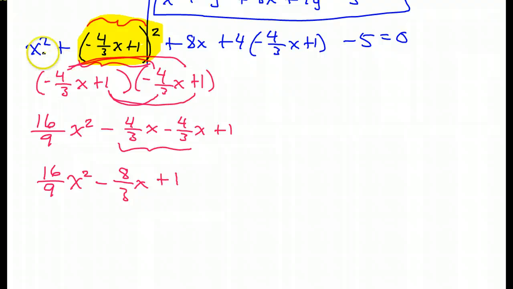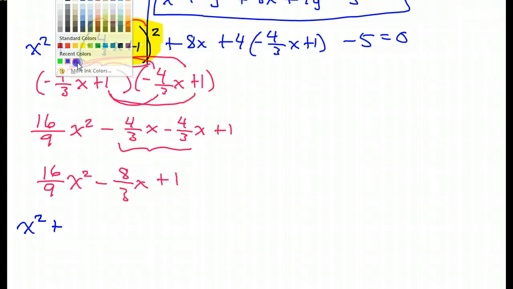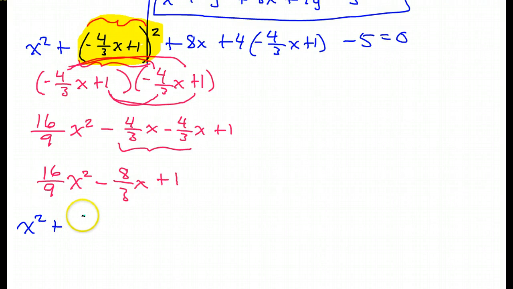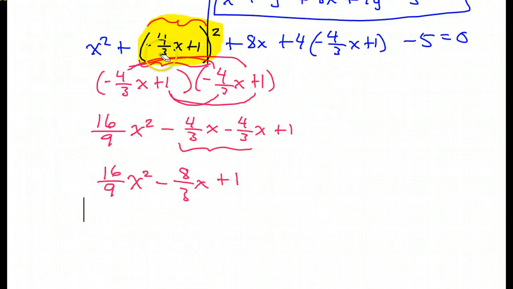So putting it back in, I have x squared plus, and then I have this. You know what, maybe I'll stick it up on the same level. That would be smarter. I haven't been bringing down the blue stuff, but I'm going to bring down the blue stuff now.